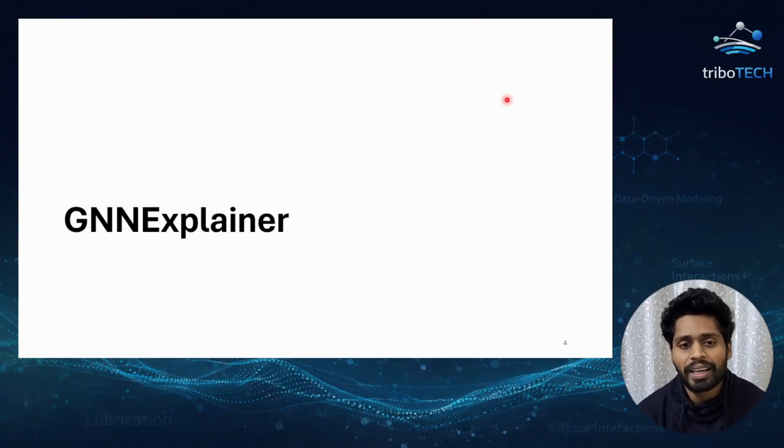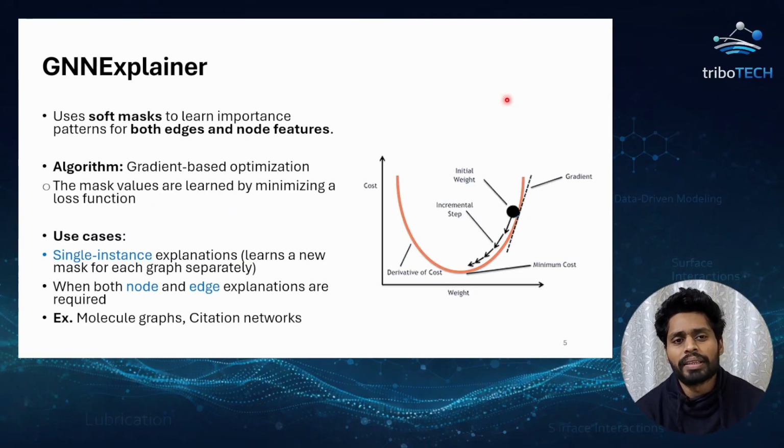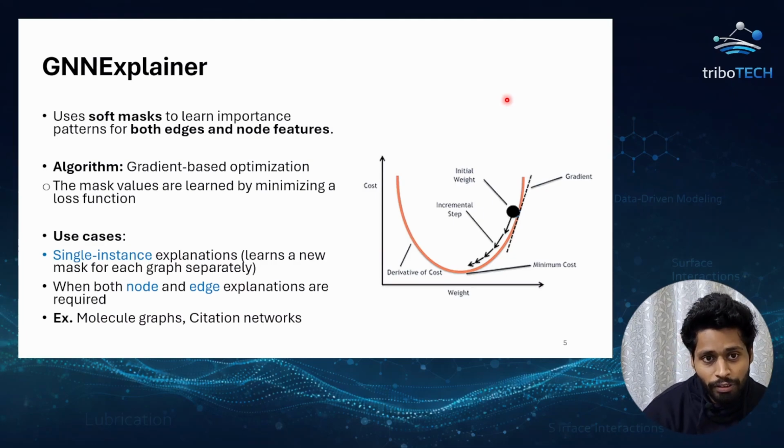We will start with GNN explainer, which we have also covered in our previous videos. This explainer uses soft masks, which are real values between 0 and 1. So it is not strict or binary, but it is soft. These soft masks are used to learn importance patterns for both edges and node features.